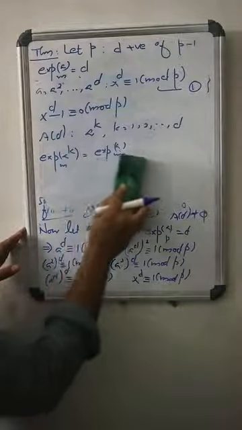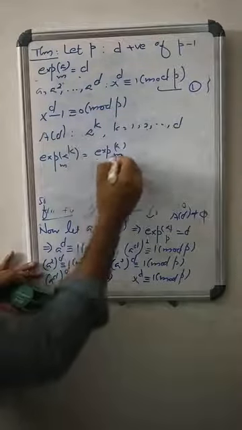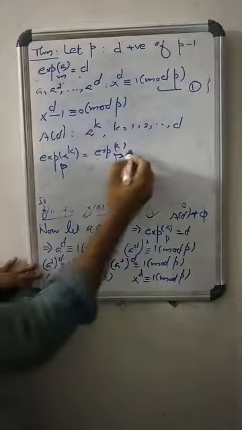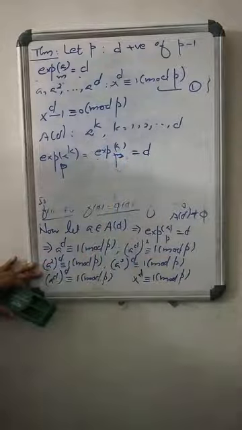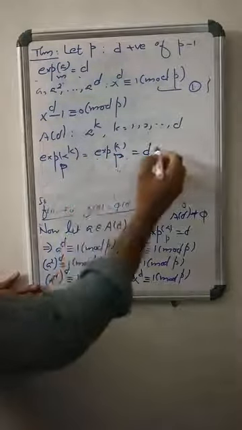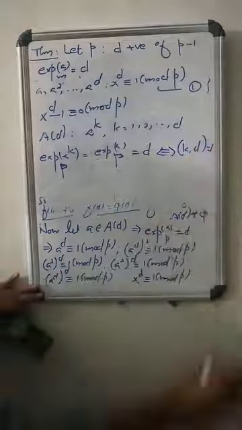Instead of m, here it is p. The exponent of a^k mod p equals the exponent of a mod p, which is d, if and only if k and d are relatively prime.